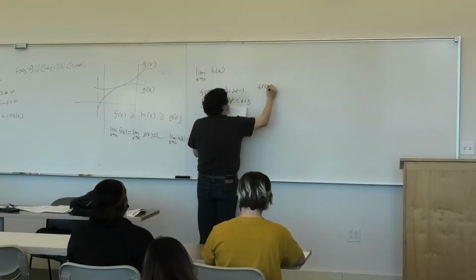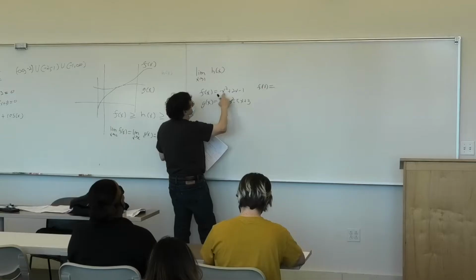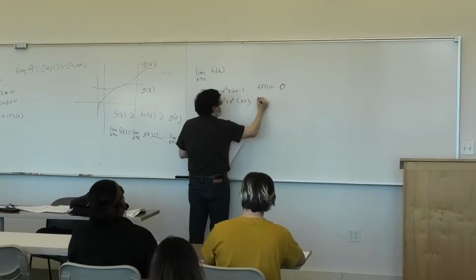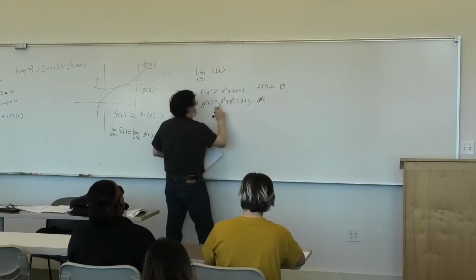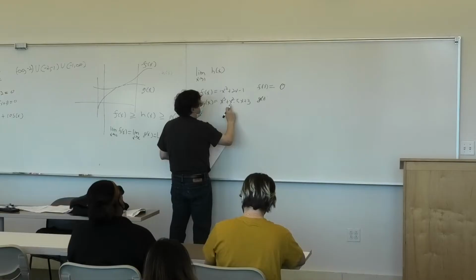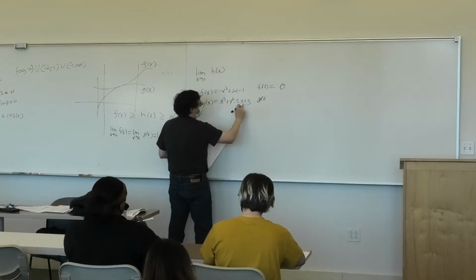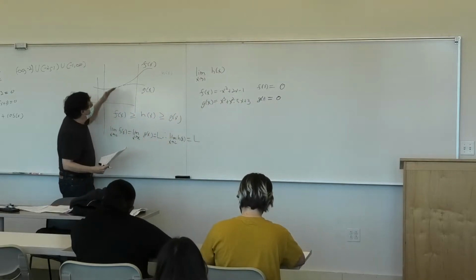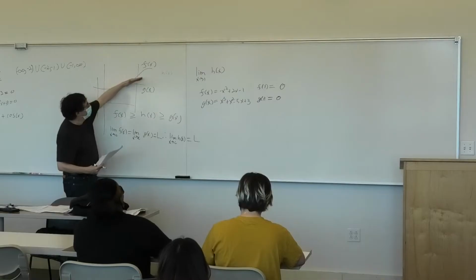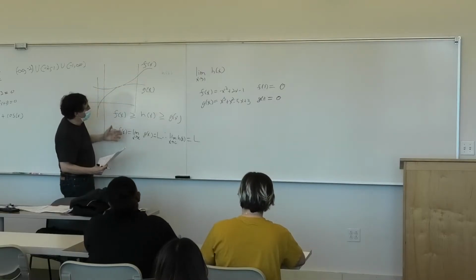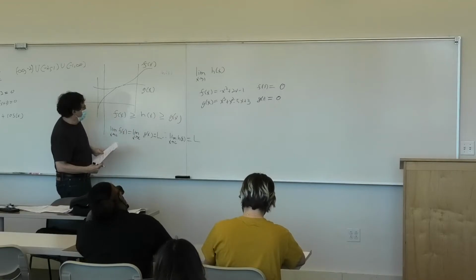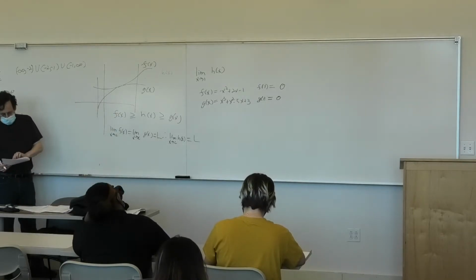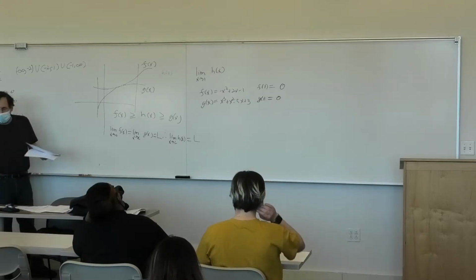F of 1 is -1 plus 2, 0. G of 1 is 1 plus 2 plus 3 is 5 minus 5 is 0. We've squeezed h. We don't know anything about h except it's continuous. It's always between these functions. So its limit has to be 0. So that was the Squeeze Theorem. That was the hard problem.